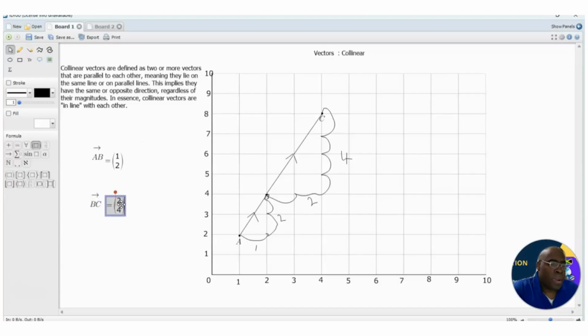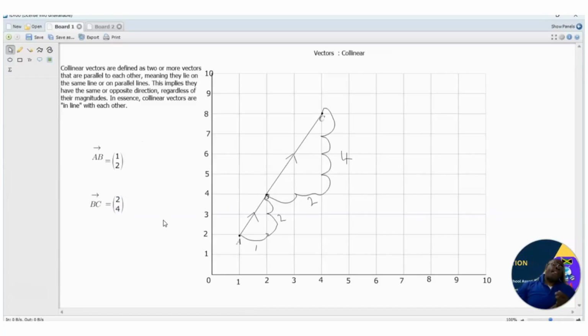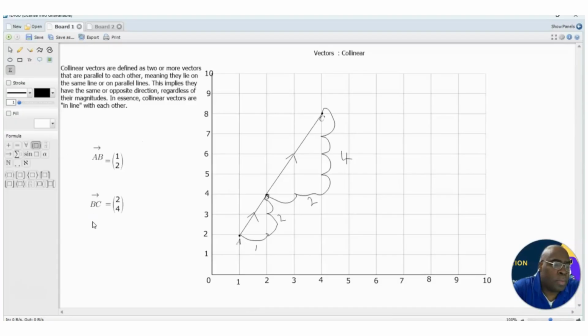Now we can also look at vector AC as well.